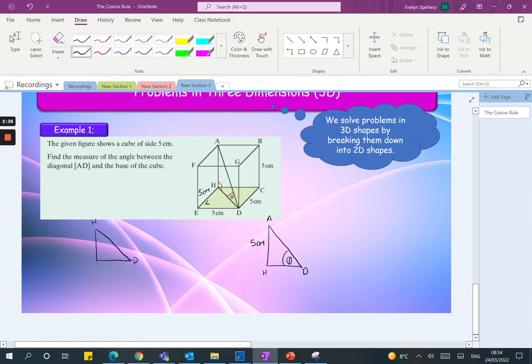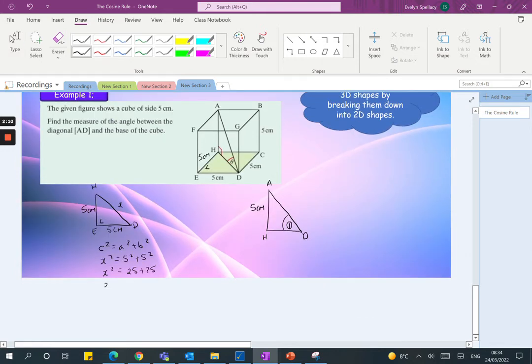So I have HD, which is going to be my base in the next triangle, HE, which I can see is 5 centimeters, ED, which I can see is 5 centimeters, and we're going to use Pythagoras to find this guy. So I have c squared is equal to a squared plus b squared. I have x squared is equal to 5 squared plus 5 squared. So I have x squared is equal to 25 plus 25.